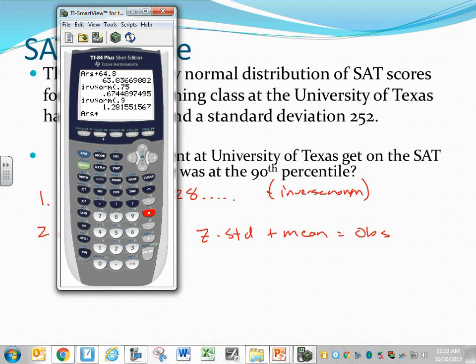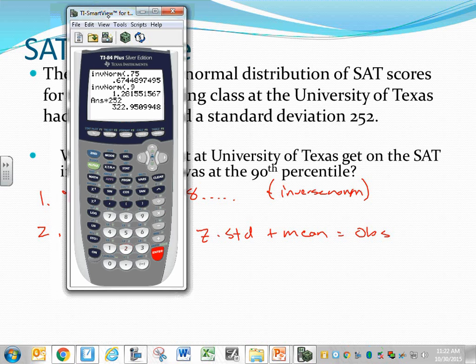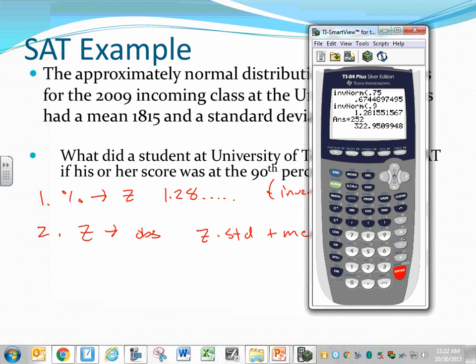Just press multiply, you get your answer, the previous answer, times 252. I know most of you know this, I'm just going to make sure. That gives you that value. You then add the mean and you get 2,137.95.